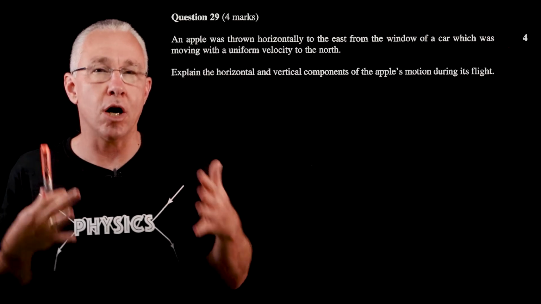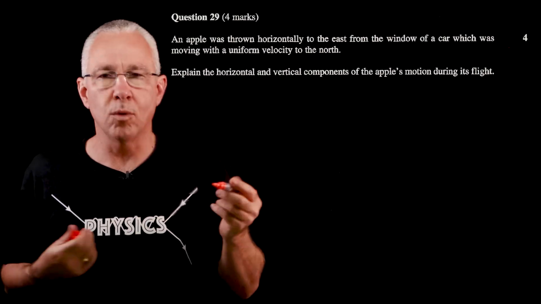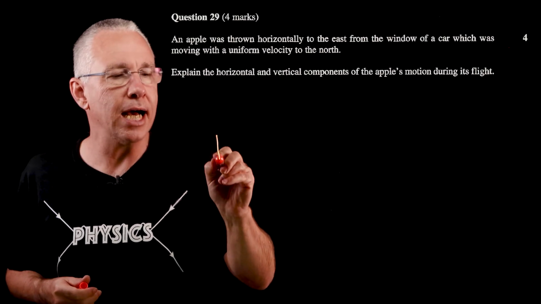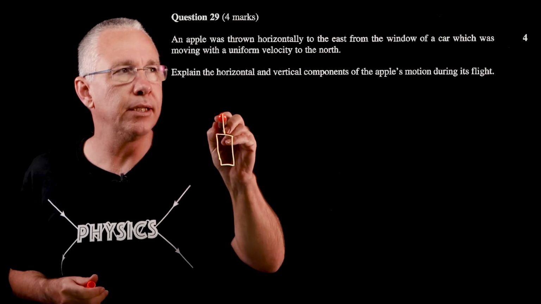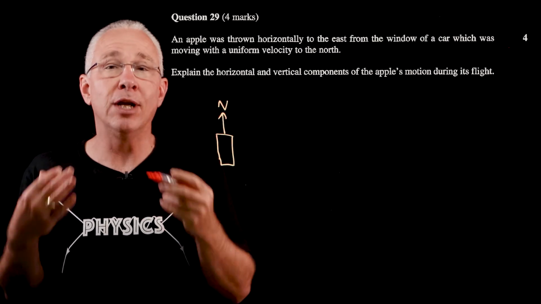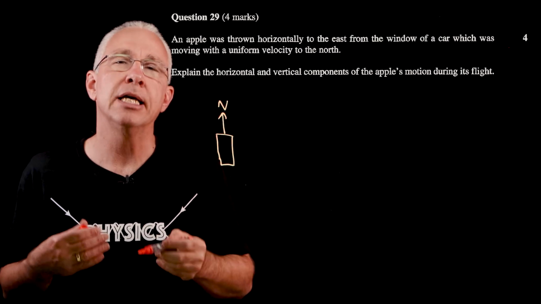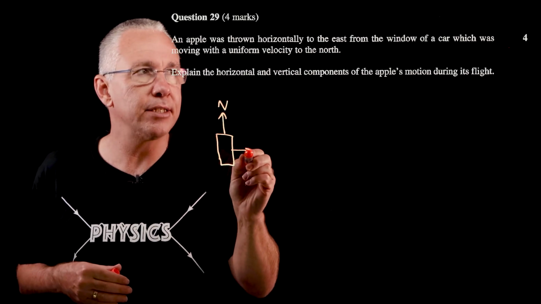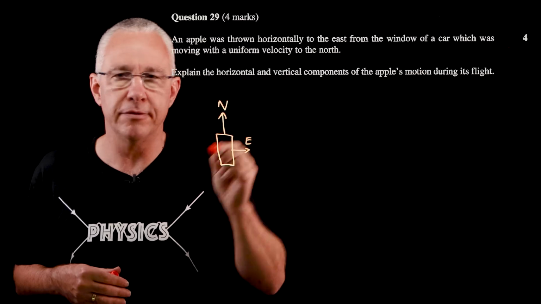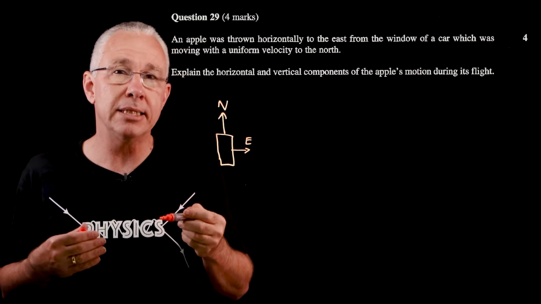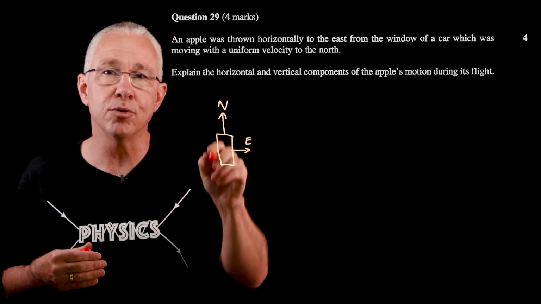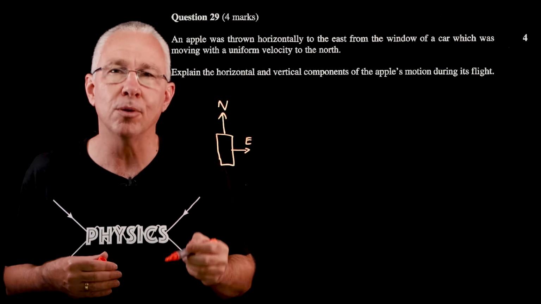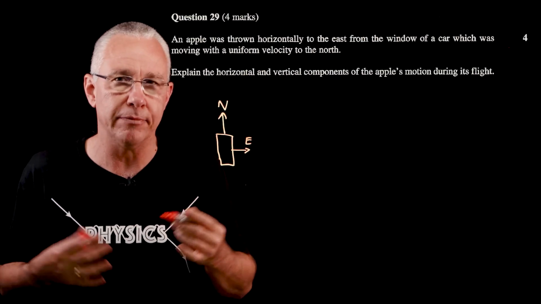Well, let's look at the horizontal components first. And what we have here is our car, which is moving in the northern direction. Now, relative to the car, a person is throwing the apple horizontally out in that direction, which is our easterly direction. Now what that means is that there is a horizontal velocity of the apple already going north when it is being released.